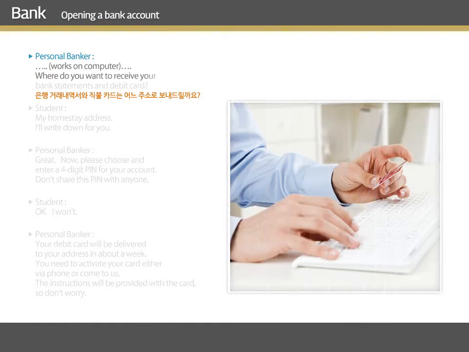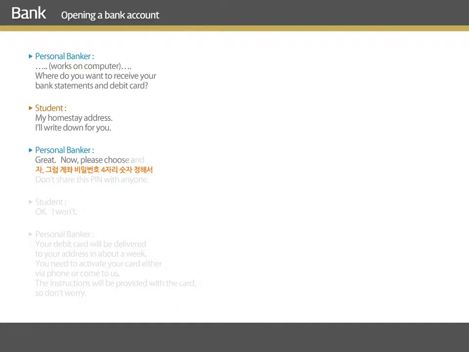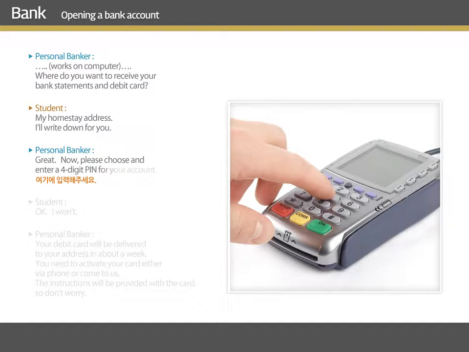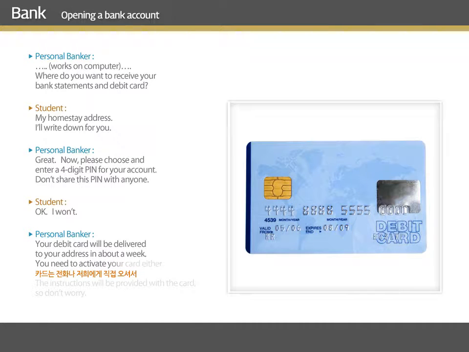Where do you want to receive your bank statements and debit card? My homestay address. I'll write down for you. Great. Now, please choose and enter a 4-digit PIN for your account. Don't share this PIN with anyone. Okay. I won't. Your debit card will be delivered to your address in about a week. You need to activate your card either via phone or come to us.